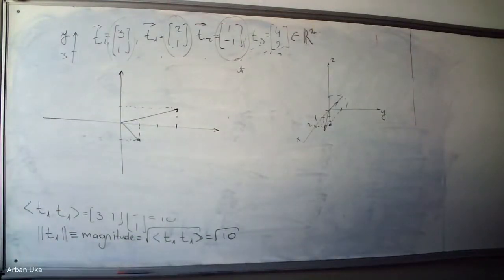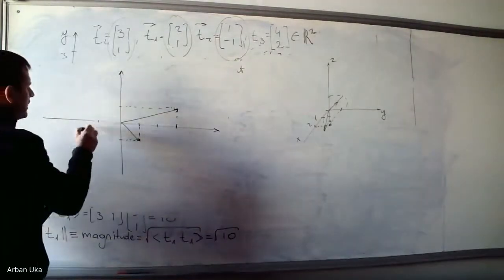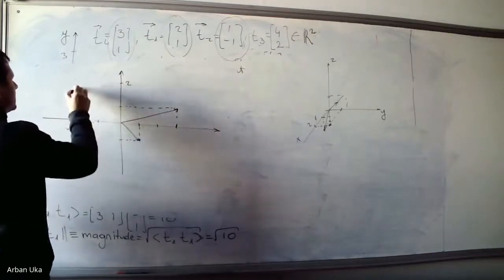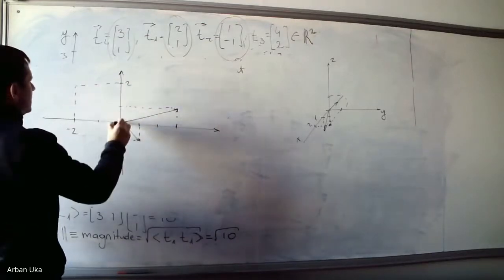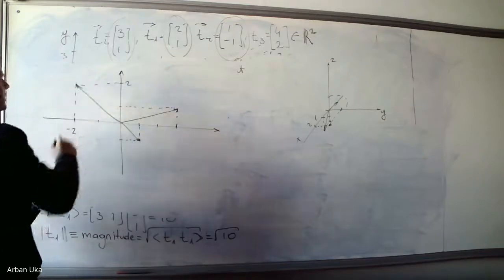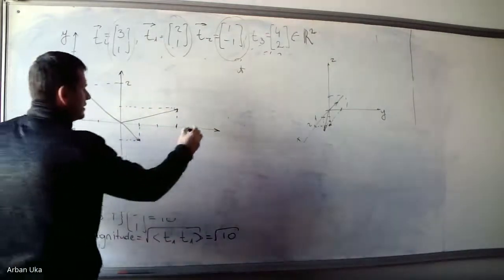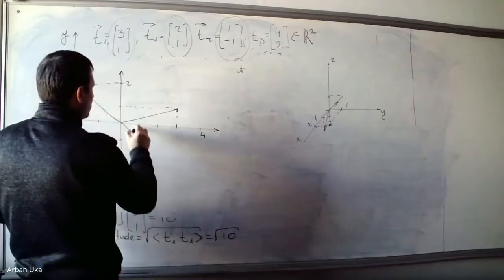And let's pick another vector, minus 2, 2. Minus 2, 2 is going to be this vector here. Then let's have 4, 1.